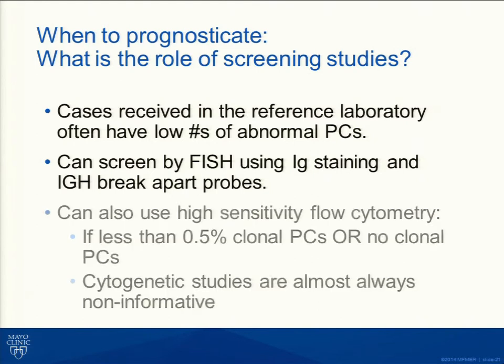And what we found basically is that when you use a highly sensitive flow method like ours, that's not the only way to do it, but if you're at 1 in 10,000 or so, basically if you have fewer than 0.5% monotypic plasma cells, or you have no monotypic plasma cells, you can basically cancel all the expensive cytogenetic studies because they're just basically non-informative.